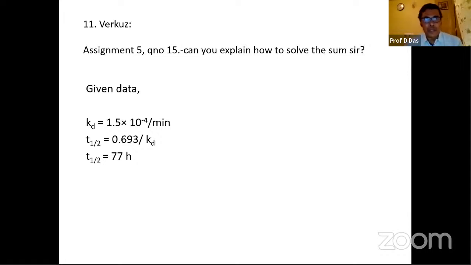So the major issue that we have is how to increase the stability of the enzyme so that we can use the enzyme for a longer period of time. That is why the T half value plays a very important role. So the T half value can be determined like this, that is ln2 by kd.